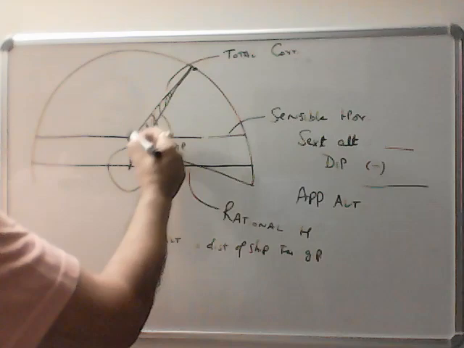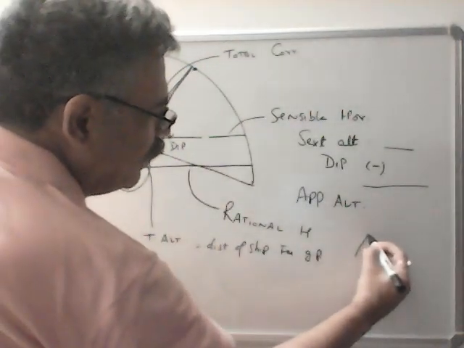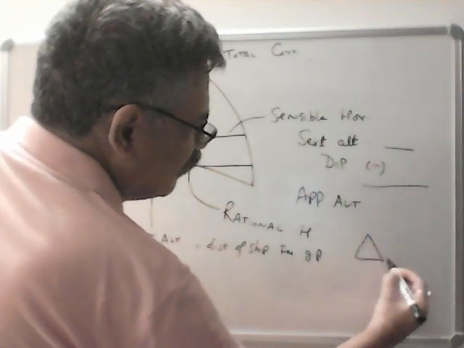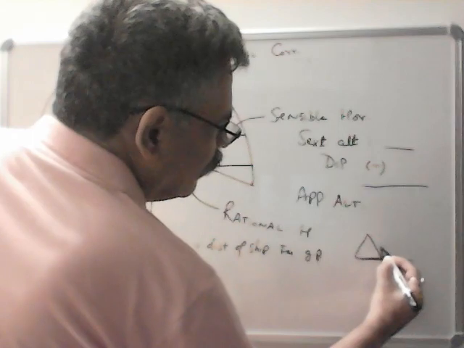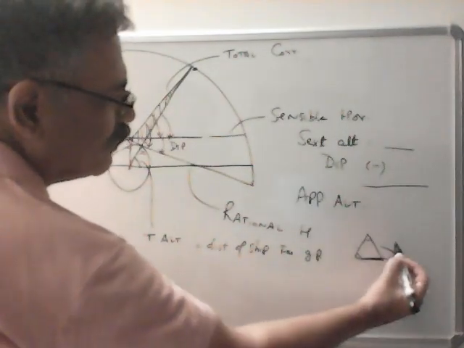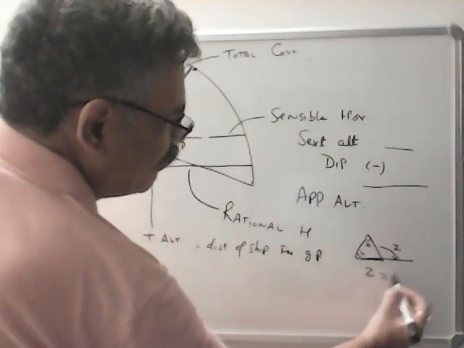Now in any triangle, the exterior angle is equal to the sum of the two interior angles. If this is z, this is x, this is y, then z is equal to x plus y.